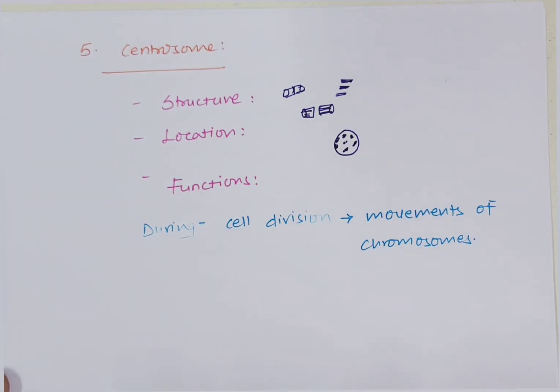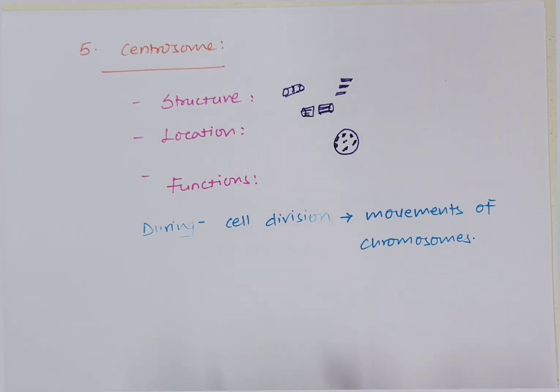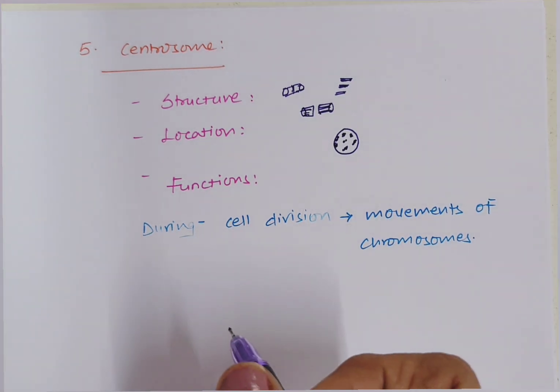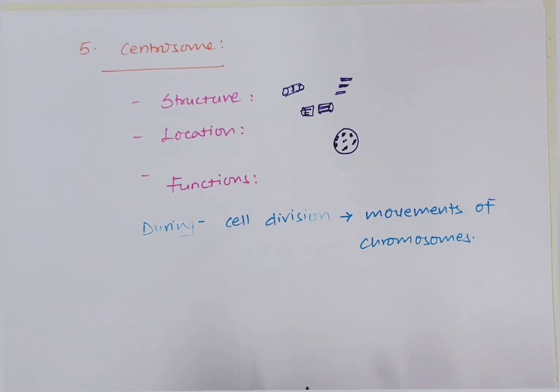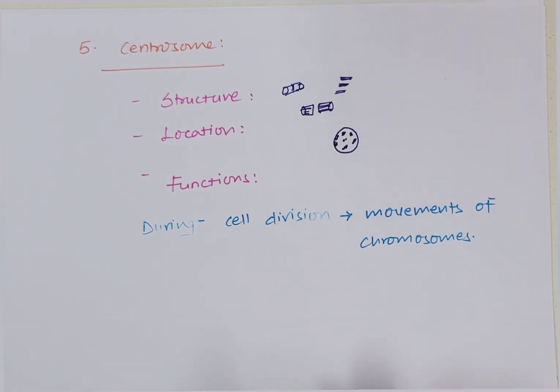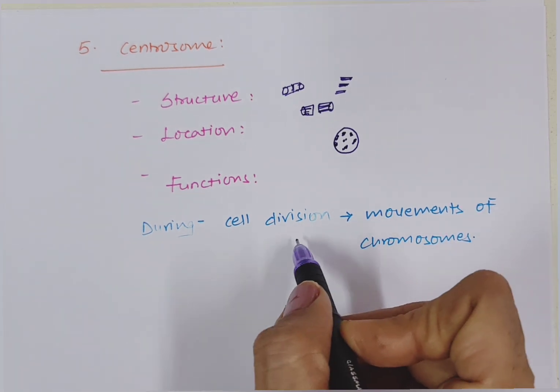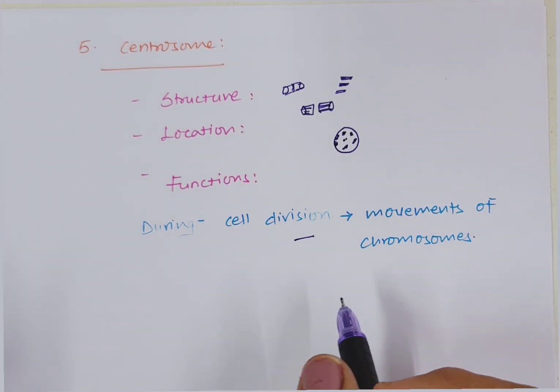These triplets run longitudinally, and 9 triplets are present. If the centriole is absent, the cell cannot divide, and this is the reason why neurons cannot divide, because neurons don't have centrosomes or centrioles. So during cell division, these centrosomes have an important function.